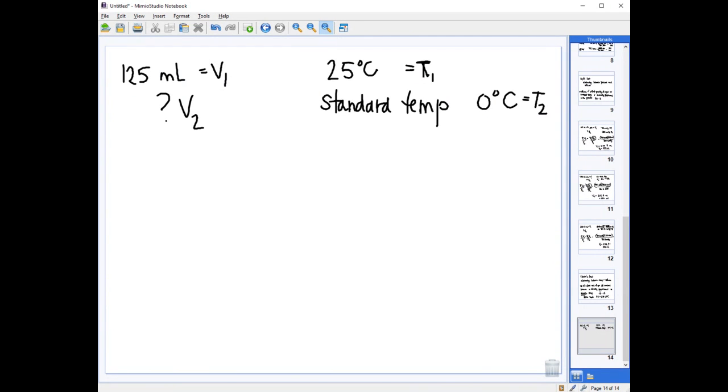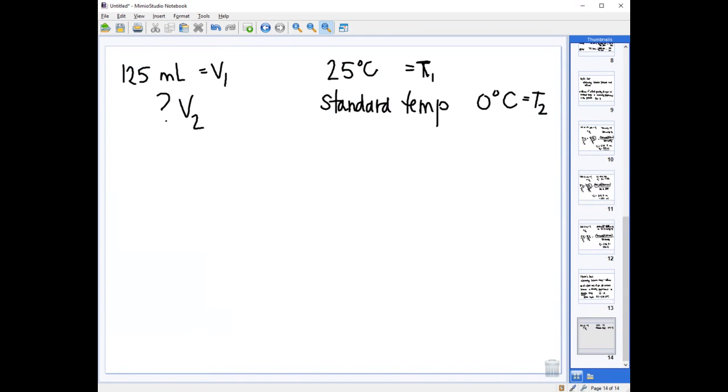If you want degrees Celsius, you take your kelvins and subtract 273. If you want Kelvin, you take your degrees Celsius and add 273.15. So these temperature conversion formulas are on the back of your periodic table. And so we need Kelvin, so we're going to take our degrees Celsius and add 273.15.